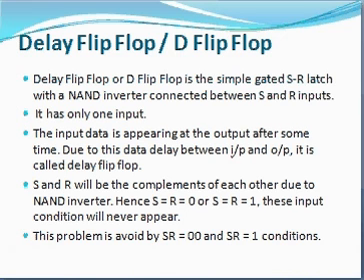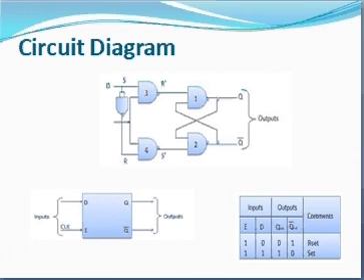Hence, the input condition S equals R equals 0, or S equals R equals 1, will never appear. This problem is avoided by the SR equals 0 1 and SR equals 1 0 conditions. So this is the circuit diagram and block diagram of the D flip-flop, and this is the truth table. When D is 0, the output will be 0, and when it is 1, the output will be 1.